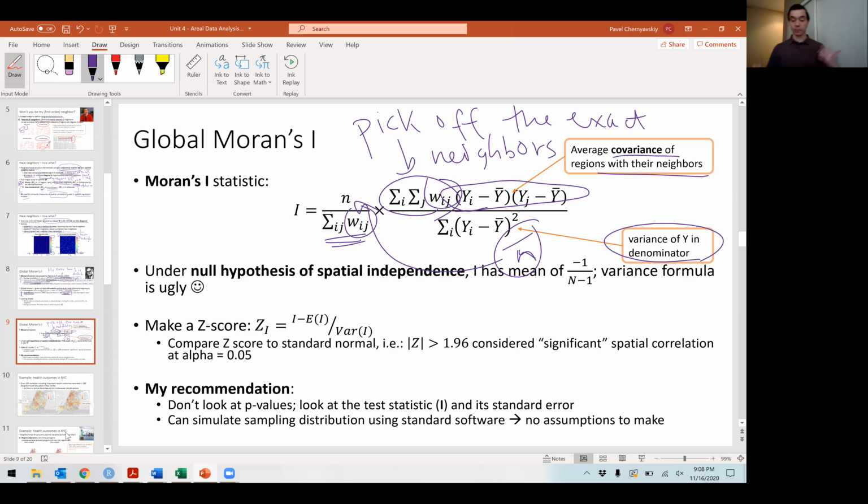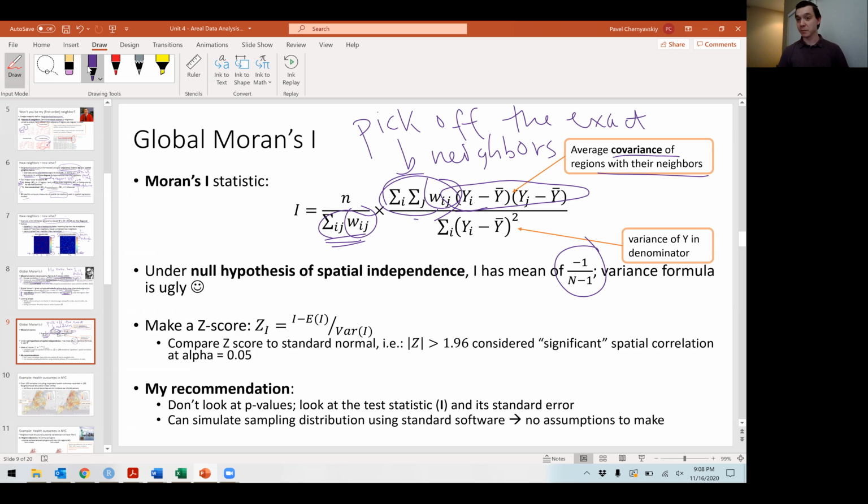So we are performing, right? A covariance over the variance gives us a correlation, and it's averaging that correlation of each region with its neighbors.